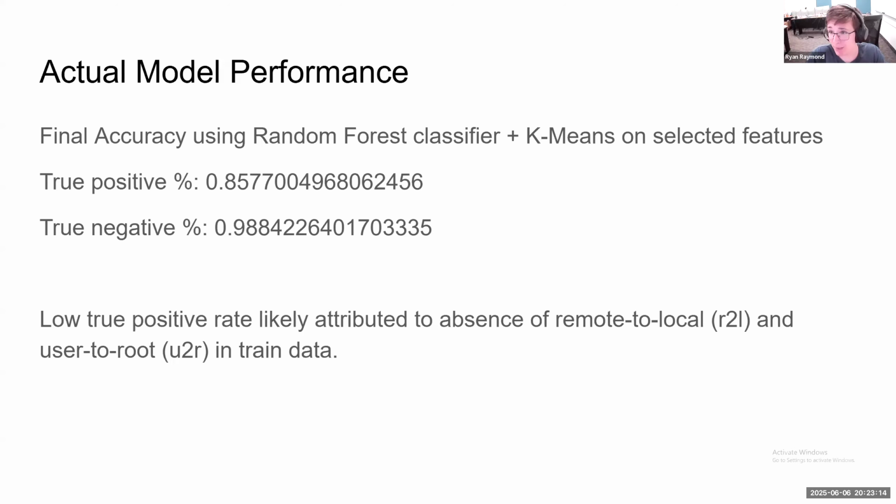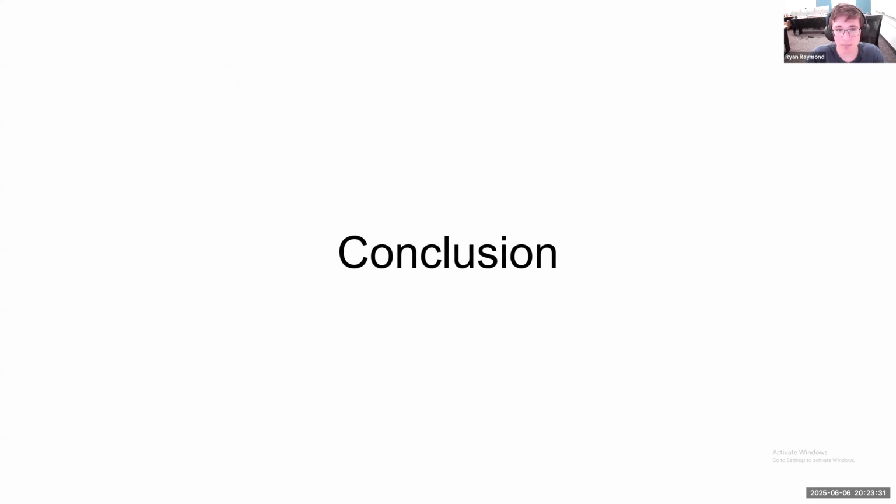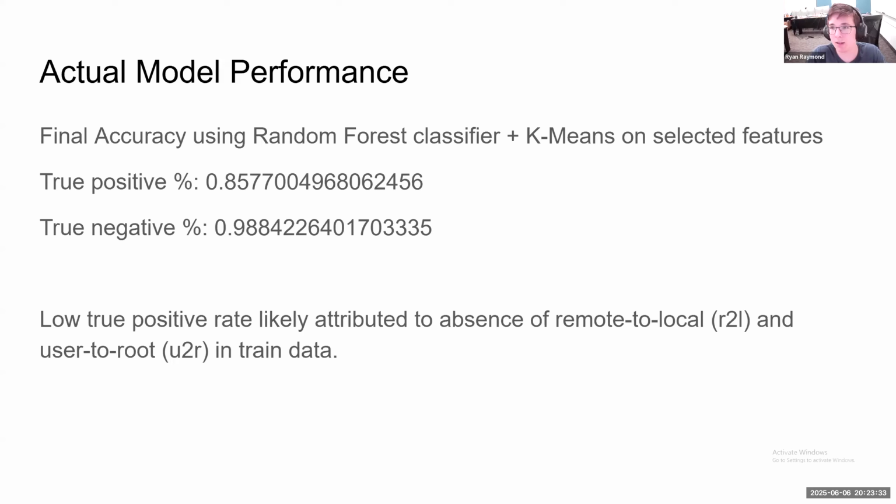And I believe this is because R2L and U2R were both absent from the training data, which I think is pretty cool, because if you don't train on data that's similar to your testing conditions, you're going to get poor performance. But still, it is interesting to see that we are able to determine, especially DDoS information.